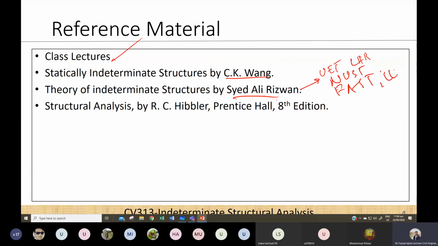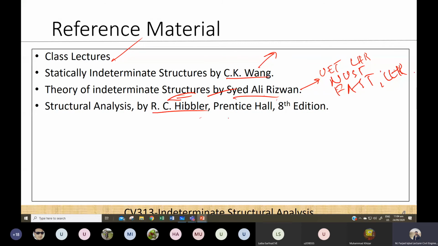So he wrote this book on Indeterminate Structures, and it's quite good. If you want, you can buy this one. We studied from the other book because at that time this book wasn't available. Now most of the universities are following this book by Sayyid Ali Rizwan. He's a good professor in structures, very good professor in fact.